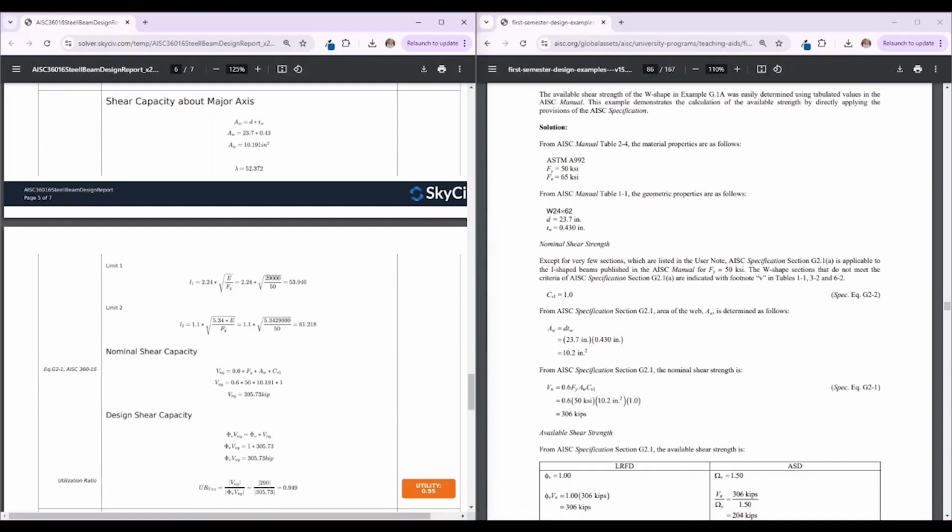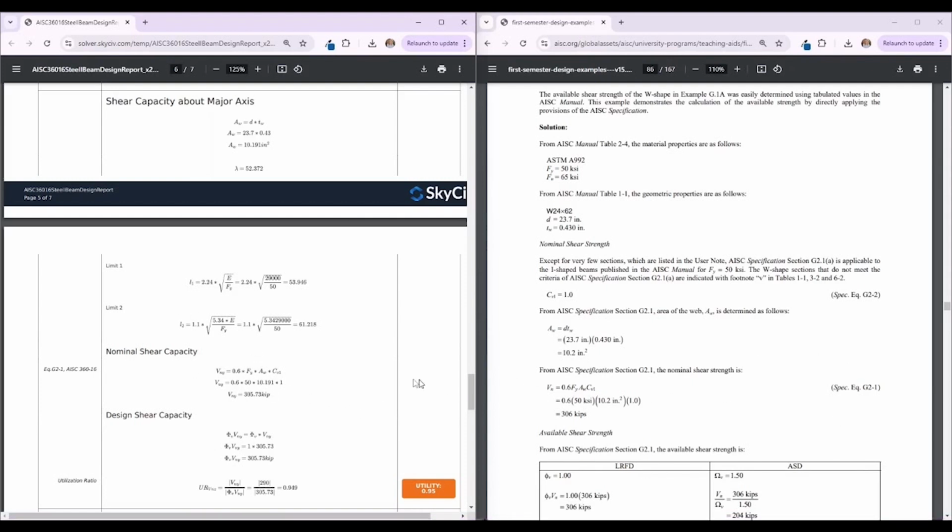Moving on from AISC specification section G2.1, the nominal shear strength is calculated by 0.6 times the yield stress times the area of the web times Cv1. As you can see, SkyCiv's calculation report also uses the same equation G2-1 to calculate the nominal shear capacity.